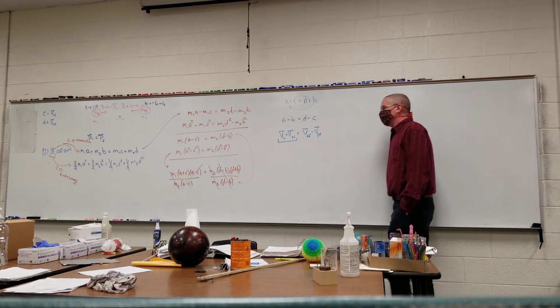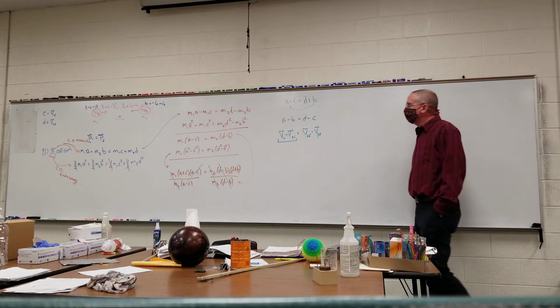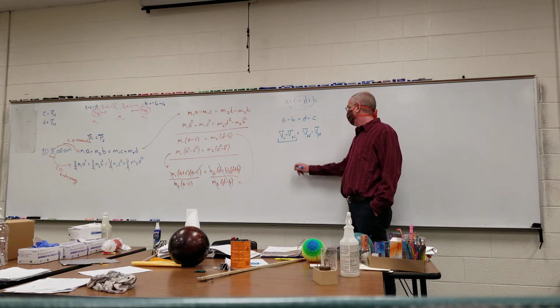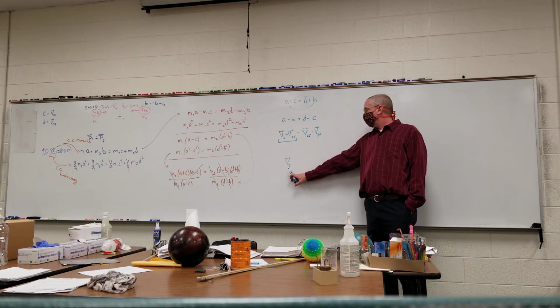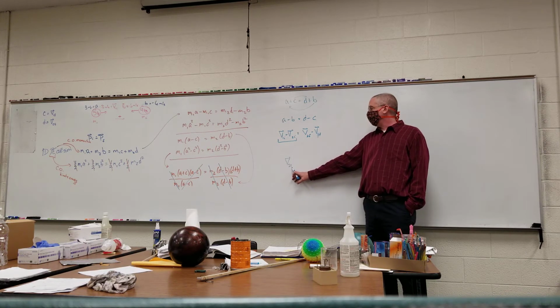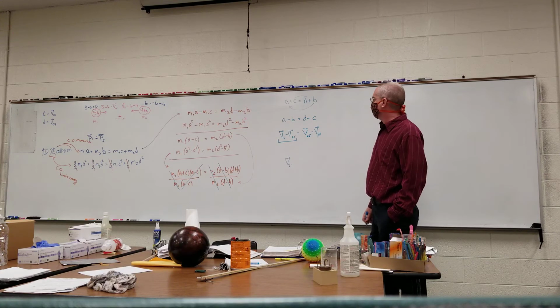Let's think about what this is. This notation right here is saying what is the velocity of object 2 with respect to 1?